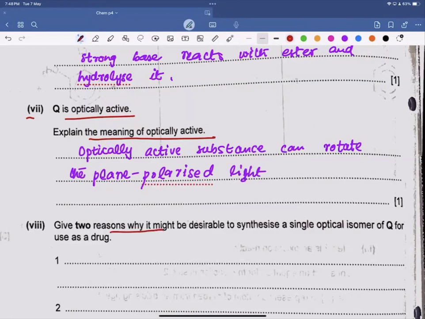Give two reasons why it might be desirable to synthesize a single optical isomer of a Q used as a drug. So there are two reasons. One is that if we prepare a single isomer and the drug has only one active isomer, we need a lesser dosage to give to a patient, right?